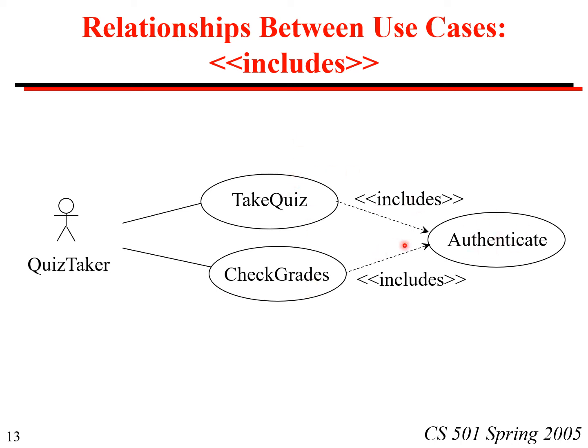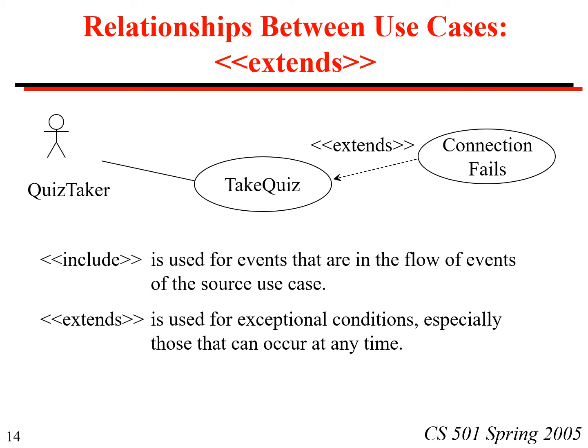When it is a compulsory part, the dependency arrow, that means this include relationship, will go out of that ellipse, that is take quiz and check grades. So understand, includes will always go out of the ellipse, and includes will always focus on the compulsory mandatory part of the use case.